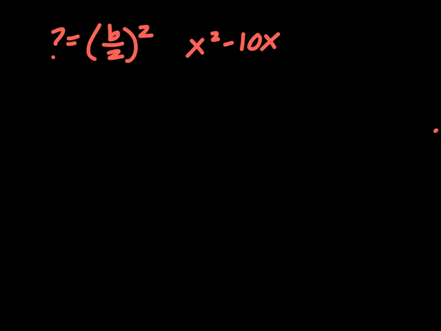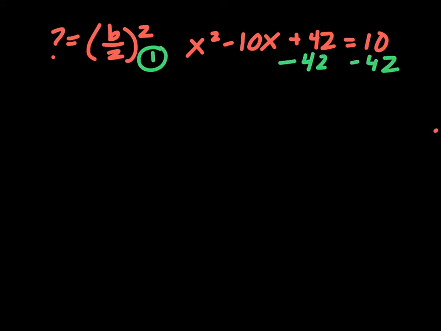So to get that missing number, that perfect square, what we essentially did is break b in half and square it. So if I give you x squared minus 10x plus 42 equals 10, again, the first thing that I'm going to do is get rid of 42 because it's not a perfect square.